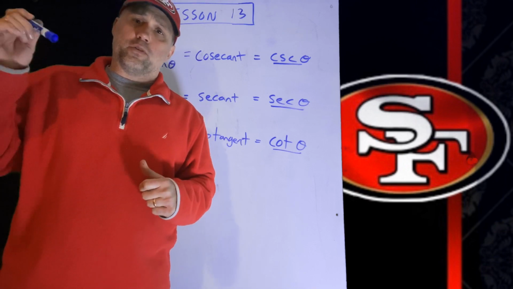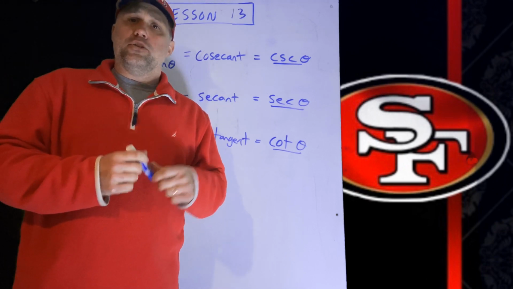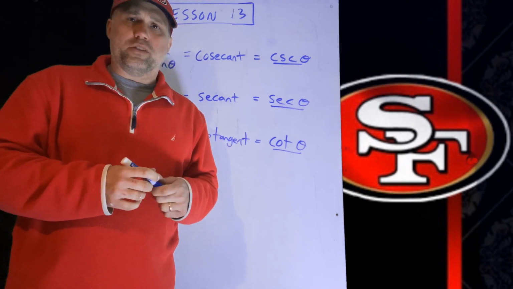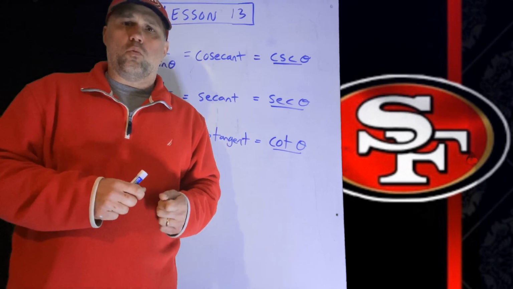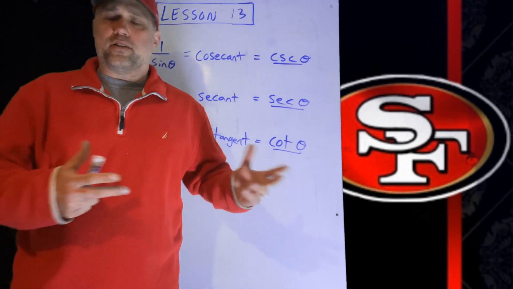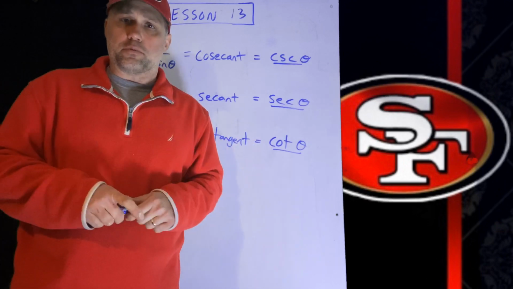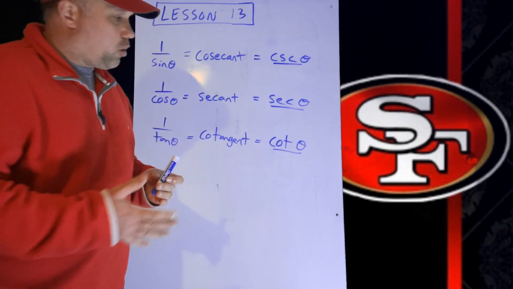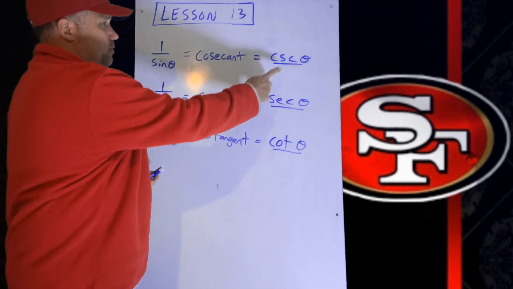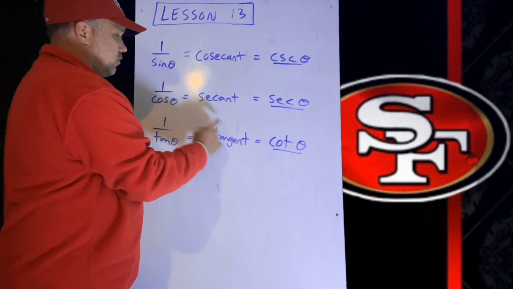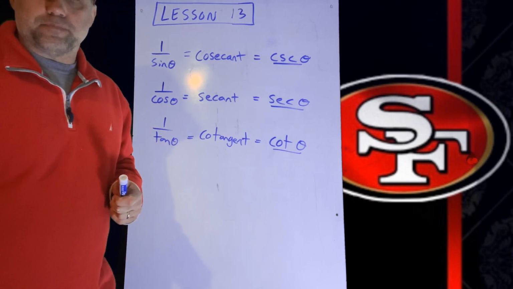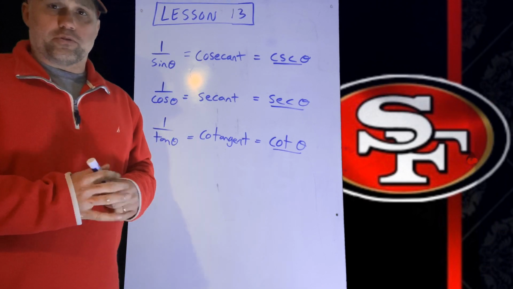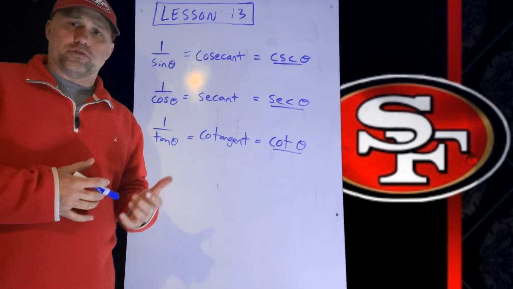If you're really interested, you can Google it or go on YouTube and type in why is sine equal to cosecant or something along those lines, and you'll probably find something on that. But either way, you need to know which one goes with which: cosecant with sine, secant with cosine, cotangent with tangent. Those are the reciprocals. Now let me show you how we use them.